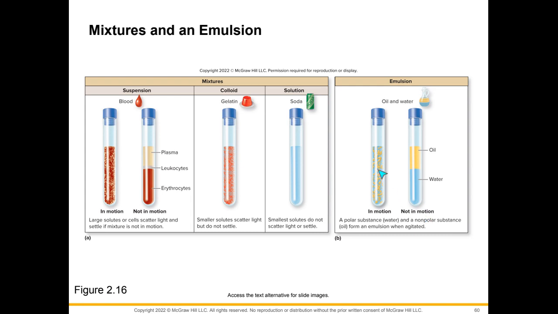Ultimately, all of the yellow particles will merge together to become the oil layer, and then the water. This is your typical salad dressing, oil and vinegar. The reason this occurs is that oil is hydrophobic. It doesn't like to interact with water.